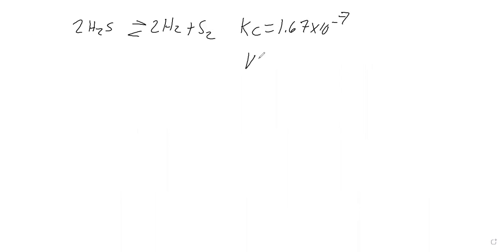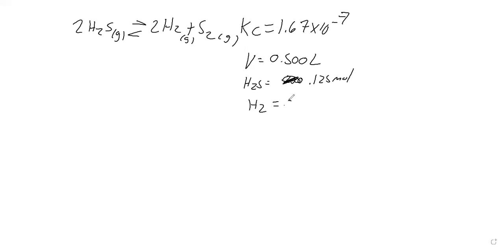And my volume, and these are gases, is 0.500 liters. For H2S, I have 0.125 moles. And for H2, I have 0.200 moles. I want to know at equilibrium, what is S2?